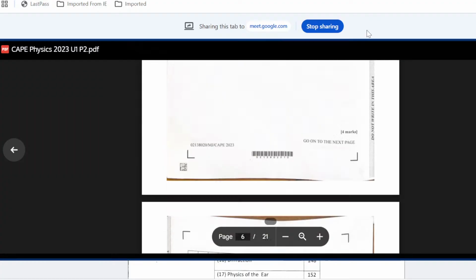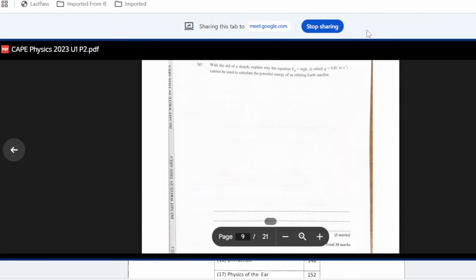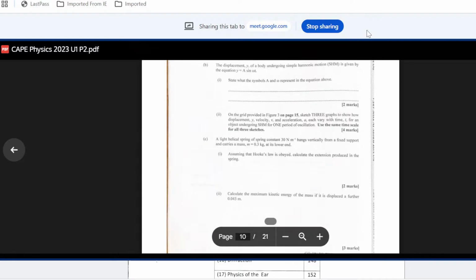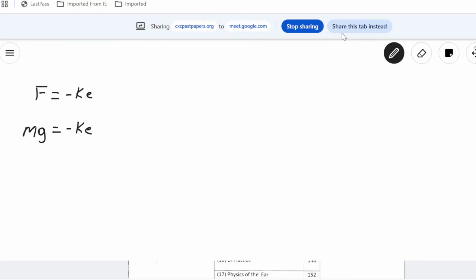Alright. What are we trying to find again? Sorry, I lost the question. I'm trying to find the extension. So let's round it to 0.1. You got 0.1? Well, 0.098. So I said let's round it to 0.1.